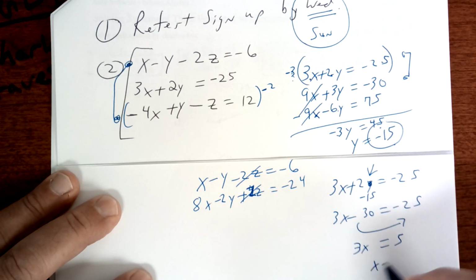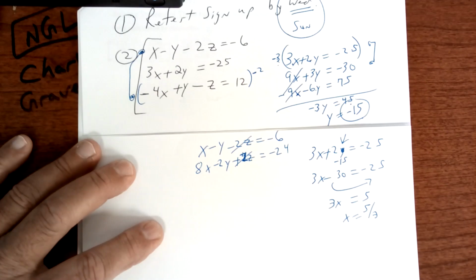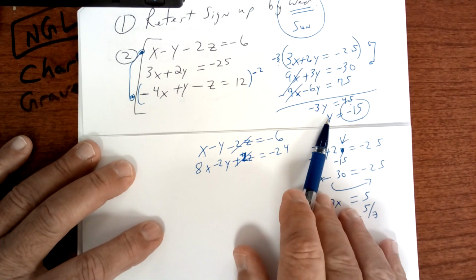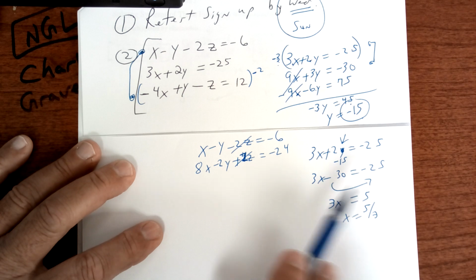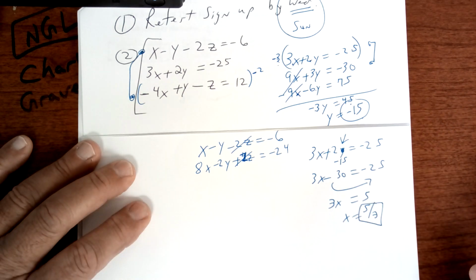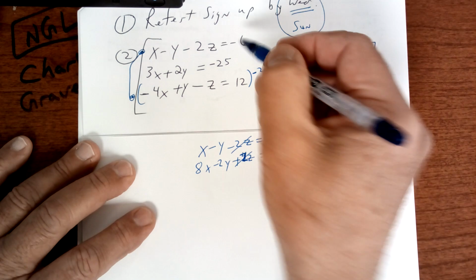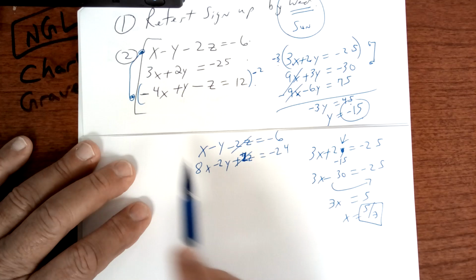So x equals 5/30. Let me just double check my work since I got a fraction. I like this one, got that, and I did 2 times that negative 15, which gave me a negative 30. And that was a negative 25, so I moved that over. So I'm going to stay with that, and if it's wrong, we'll check it in class. Then you pick one of these 3, and you plug in the x and the y to find the z.